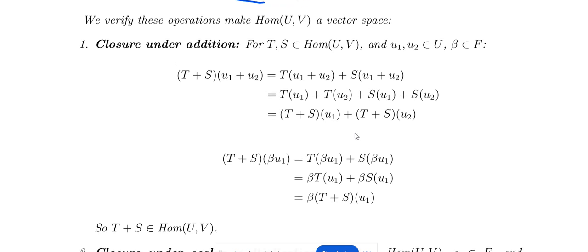Easily we can prove closure under addition. First, closure: (T plus S) of (u1 plus u2), and scalar multiplication: (T plus S) of (beta u1) equals something. We can prove all this very easily.